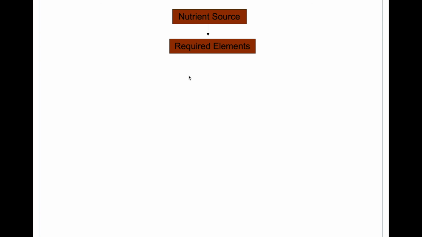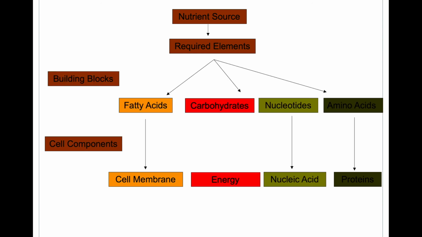The cell will usually break down that nutrient source to get required elements or macromolecules that can be used for either catabolic reactions or biosynthesis. As mentioned, they can be used, so there are the building blocks. Here's fatty acids, carbohydrates, nucleotides, and amino acids. And these can then be redirected to biosynthesis reactions.